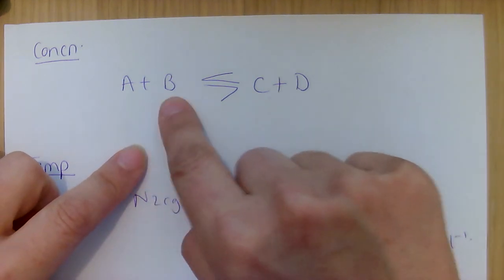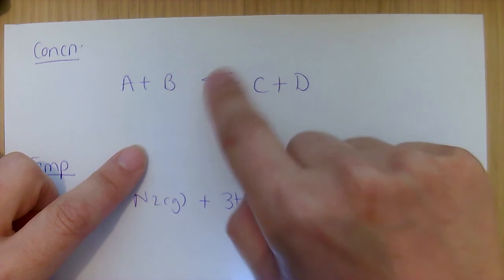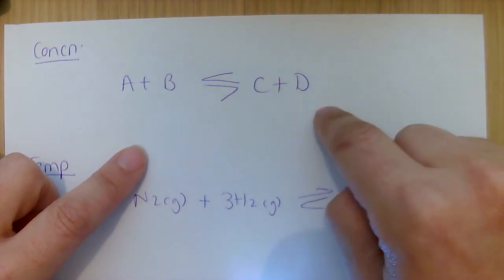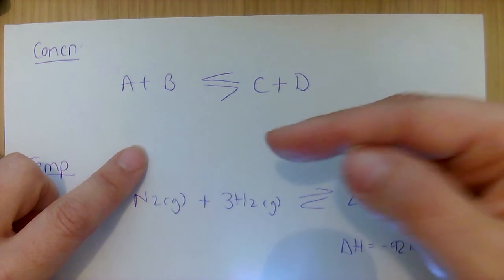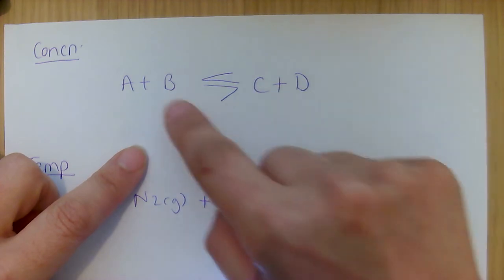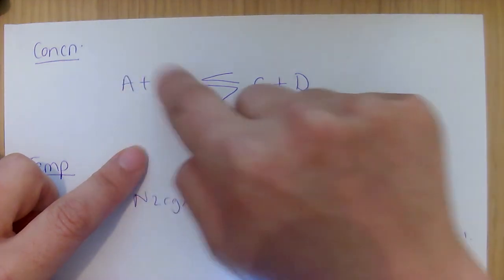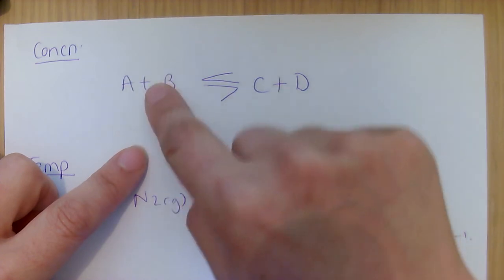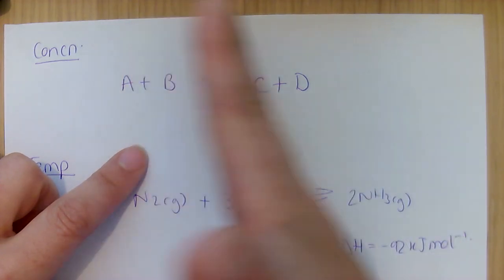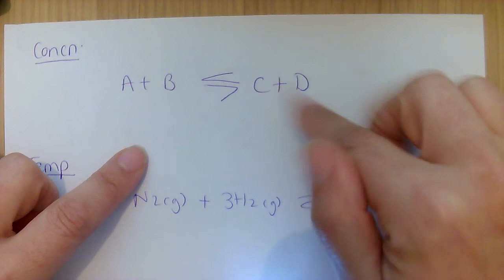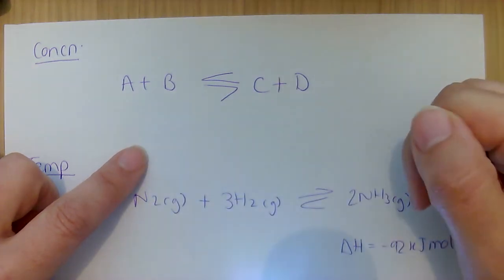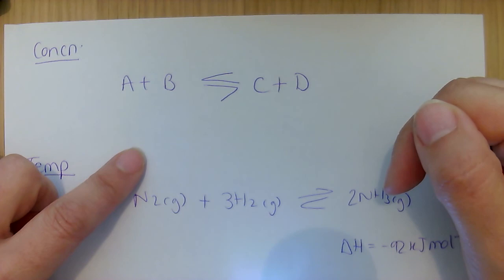So if you've got A plus B and there's a reversible reaction happening, and in the forward direction it would make C plus D. So what Le Chatelier's principle states is if I increase the concentration of A or B, so if I added some more A and B into the beaker, equilibrium will move this way and produce more C and D to get rid of the additional concentration of reactants that you've added in.